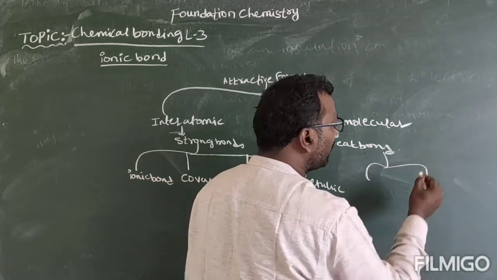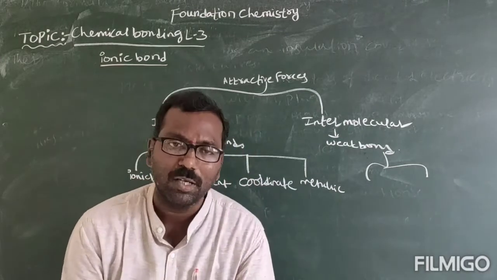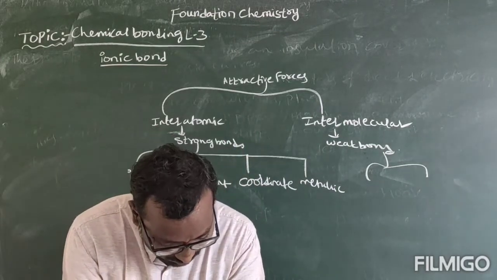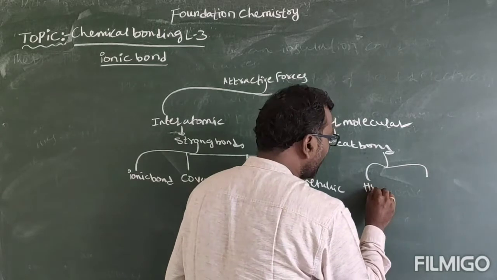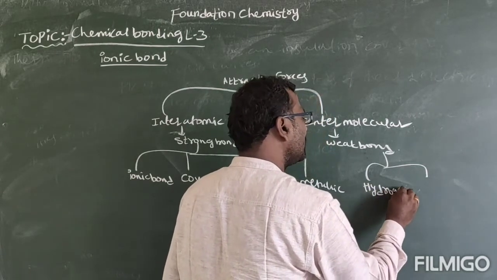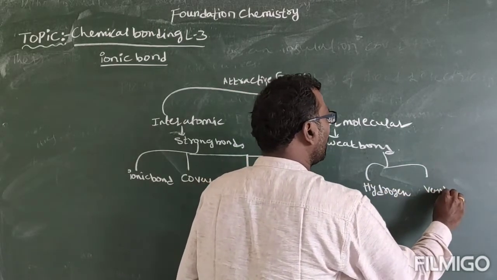Under weak bonds we have two types: hydrogen bonds and van der Waals bonds.